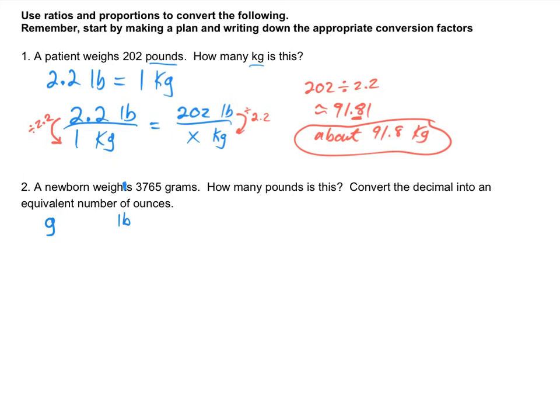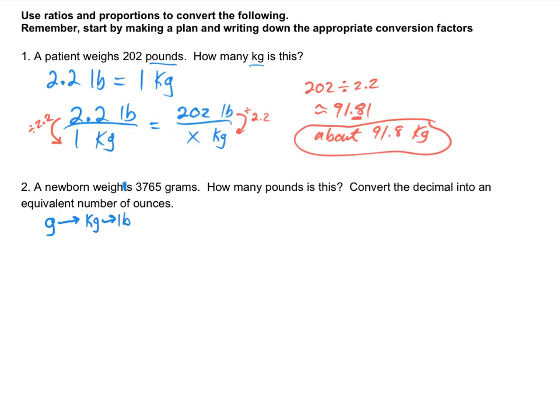That's definitely what I know. So if I had kilograms, we would be able to use the ratio of 2.2 pounds to 1 kilogram. And I know grams can be turned into kilograms quite easily because they're in the metric system. So that's going to be my plan. I'm going to change the grams into kilograms, and then I will go kilograms into pounds. Again, I'm just making a plan. I'm mapping this out before I actually start the conversions.